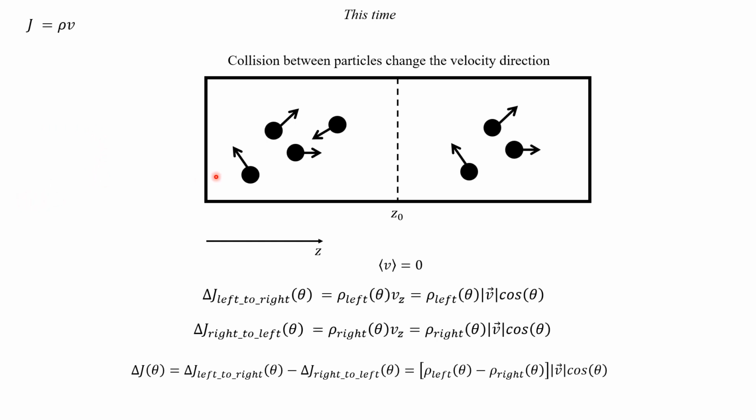So we need to now invoke a parameter that describes the typical distance that particles travel without collision, and this parameter is the mean free path.